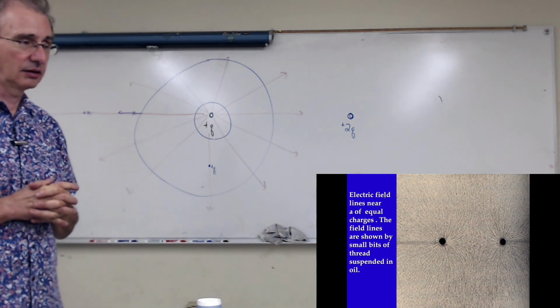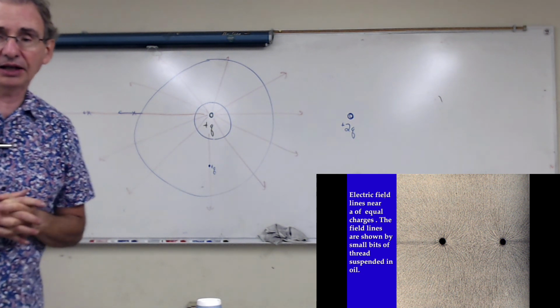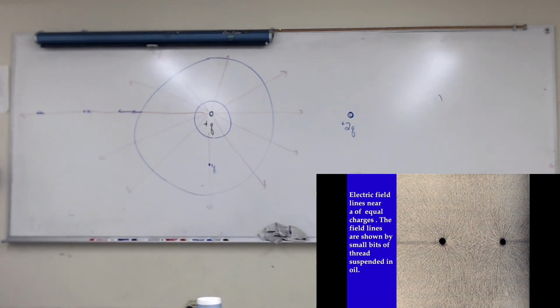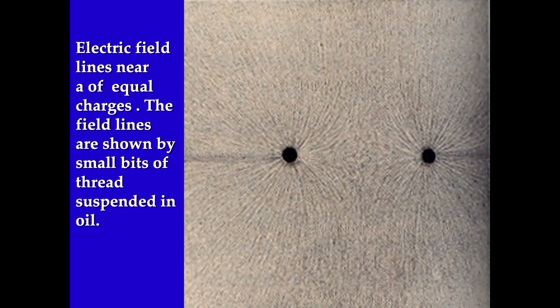Let me blow this up. When the conductors, the little dark dots, were charged with the same equal charge, same sign, notice that the threads form lines. Those lines represent the field lines. Notice how they kind of repel each other in the middle, because they're equal charges.